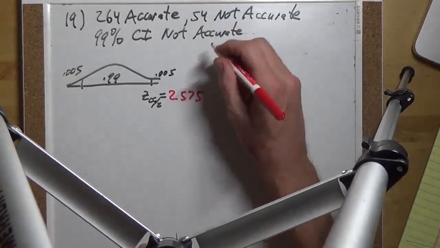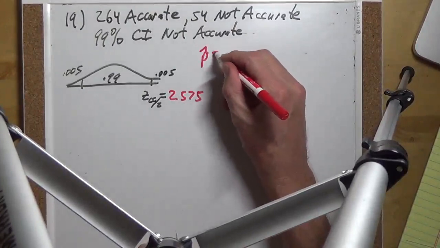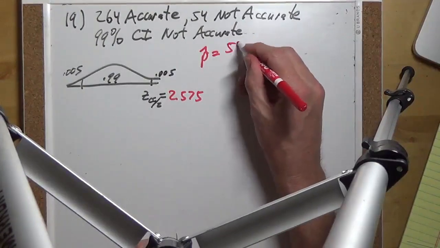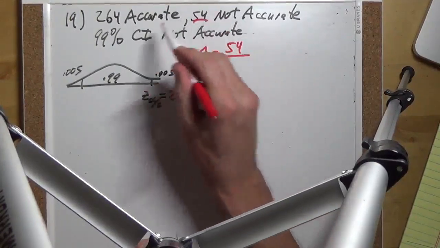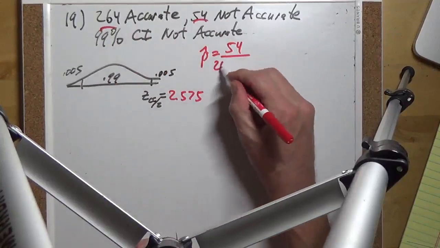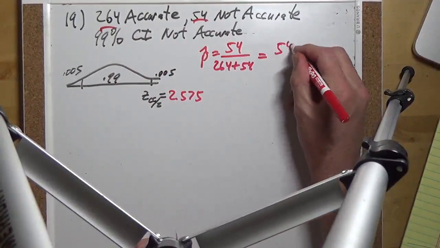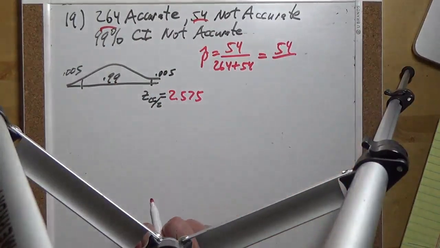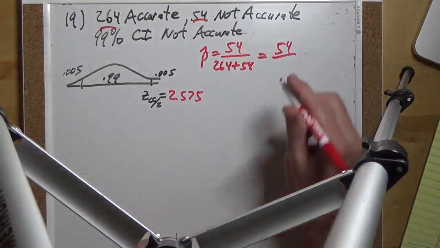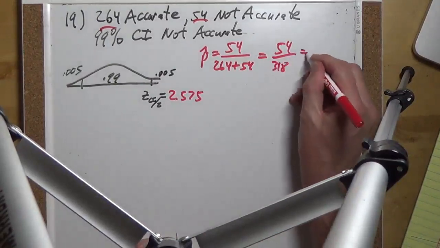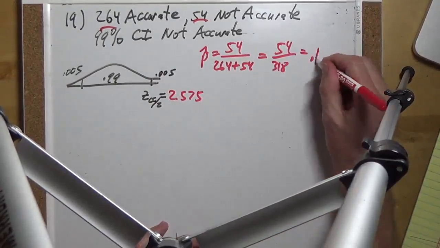Okay, so I need my p-hat. Now be careful here. 54 were not accurate, but don't forget to add those two together to get your n, which is 318. My p-hat is 0.170.